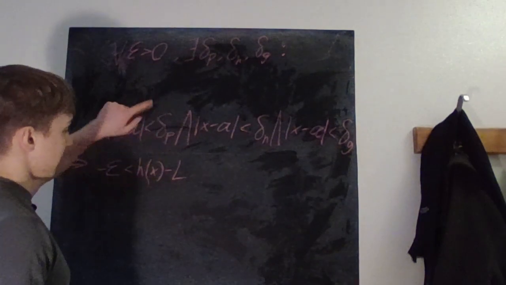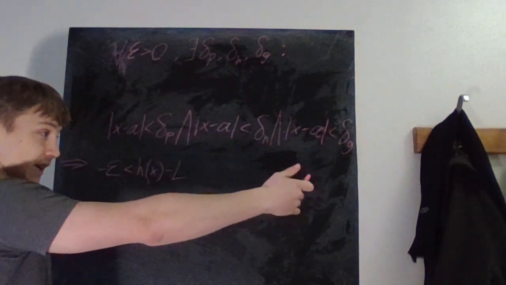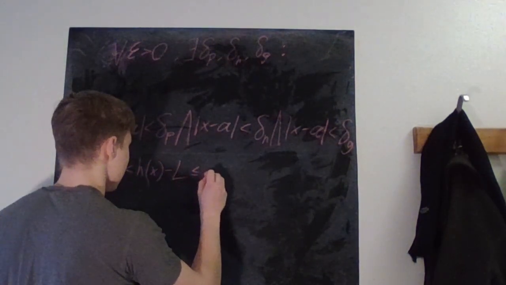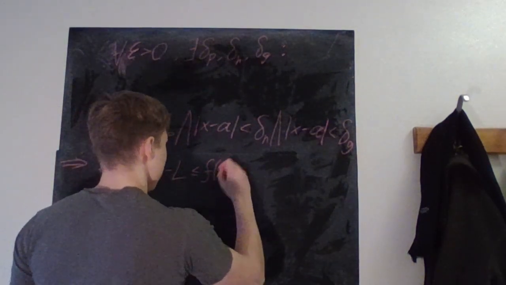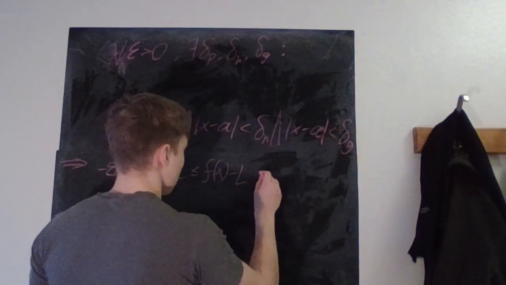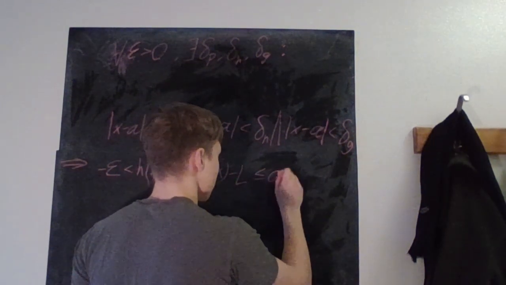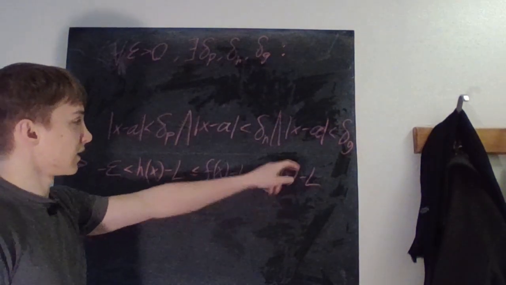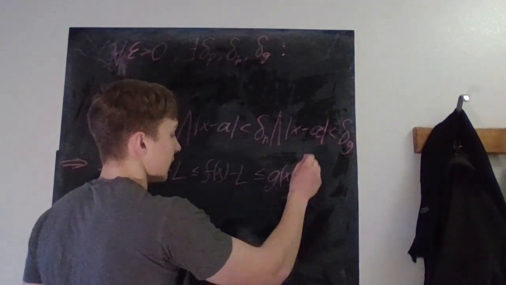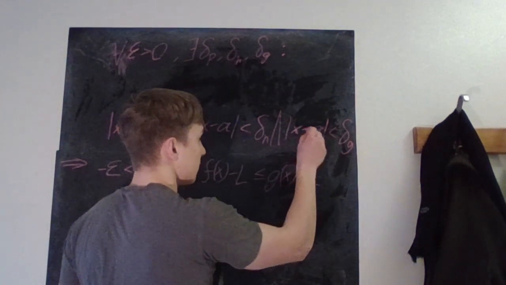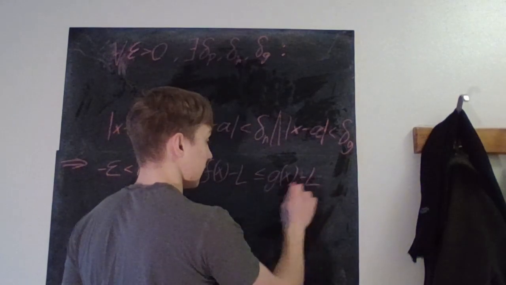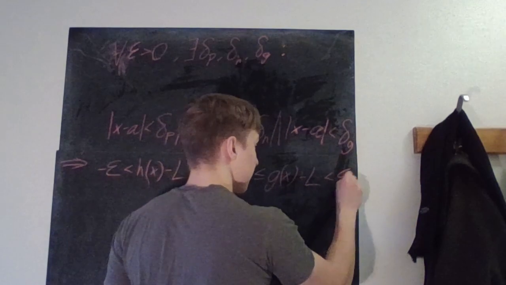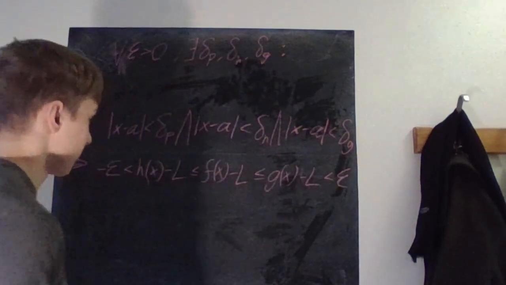And since h of x is less than f of x, which is less than g of x, we can denote that this is less than or equal to f of x minus L, which is less than or equal to g of x minus L. From the definition of the limit of g of x, this implied that the absolute value of this was less than epsilon, so this is less than epsilon.